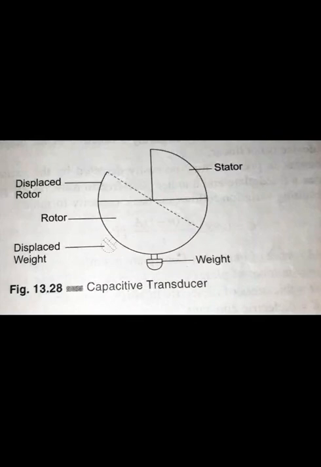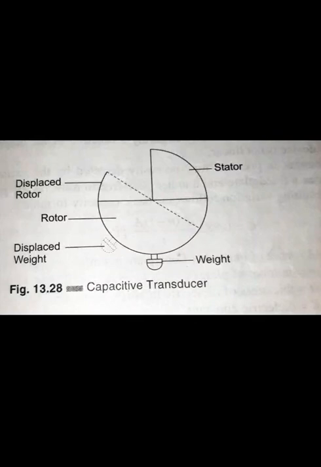From this equation, it is seen that the capacitance increases if the effective area of the plates is increased. If the material has a high dielectric constant, the capacitance is increased, and it is reduced if the spacing between the plates is increased. Transducers which make use of the varying capacitance have been developed.